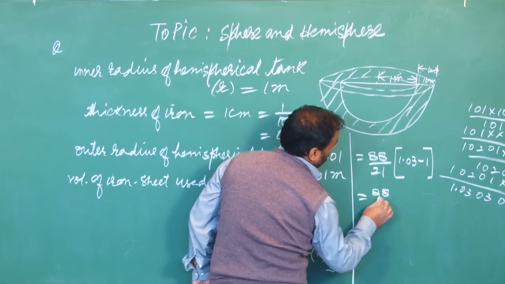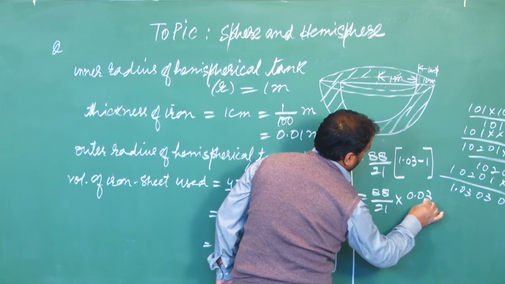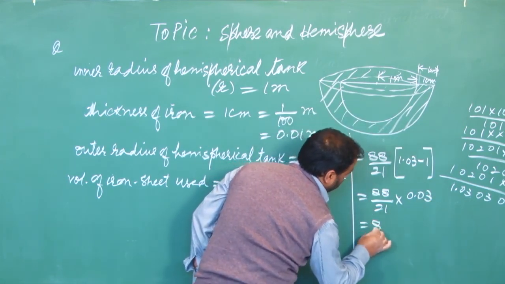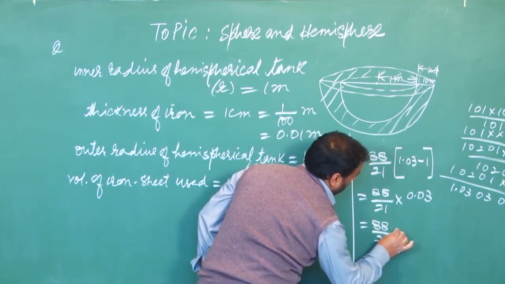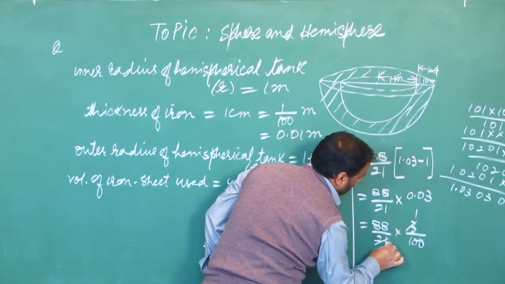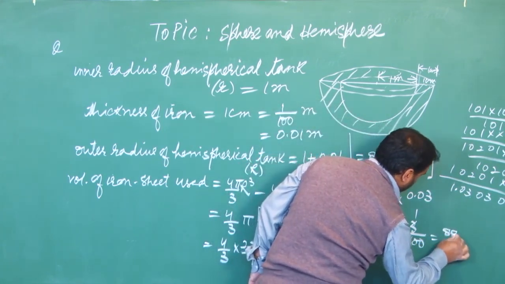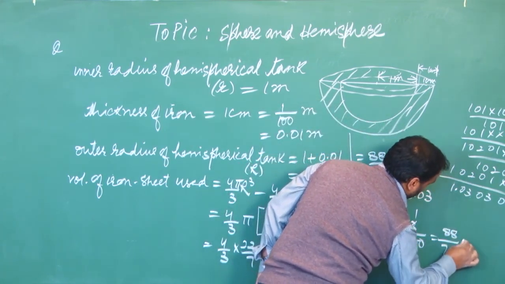So it is 88 by 21 into 0.03, or you can write it as 88 by 21 into 3 by 100, which becomes 88 by 700 meter cube.